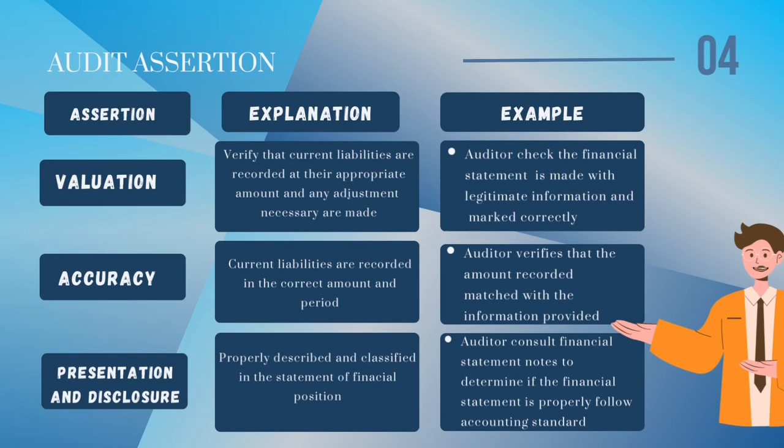For example, the auditor can check the financial statement to see if it is made with legitimate information and marked correctly with the appropriate amount. For example, the company can check if the electric bill is accrued, which needs to be recognized in the current liability.